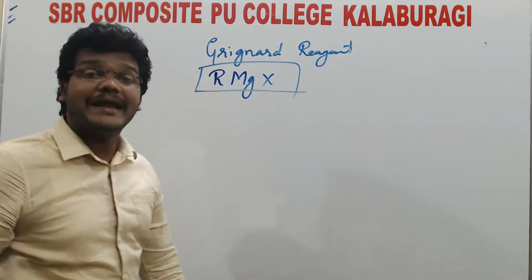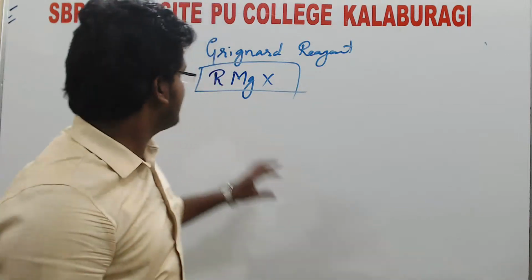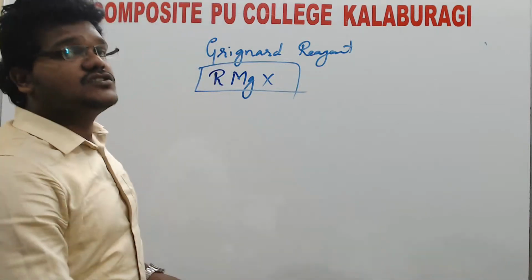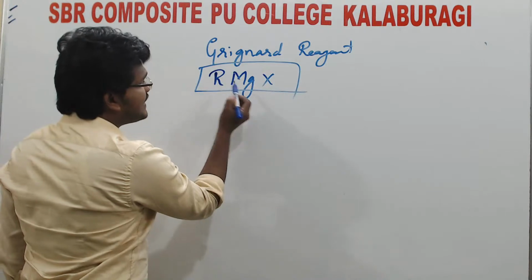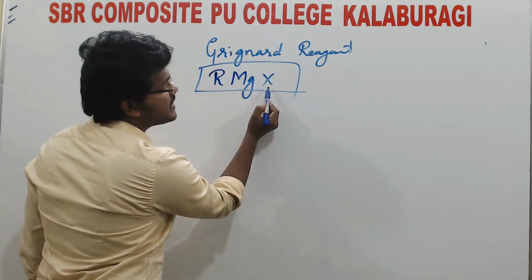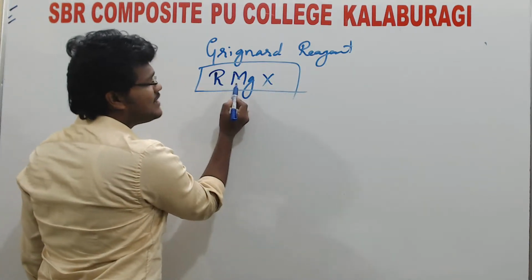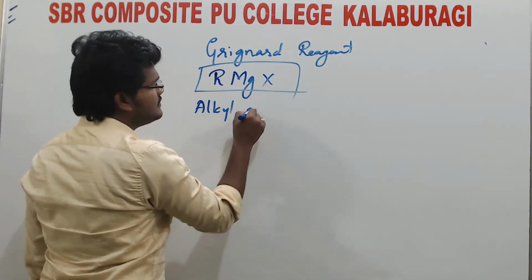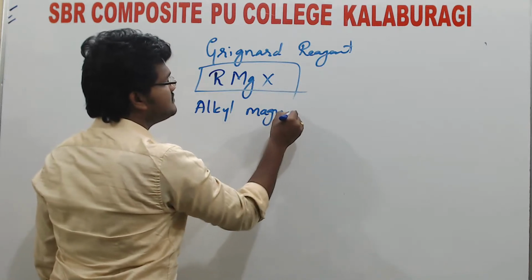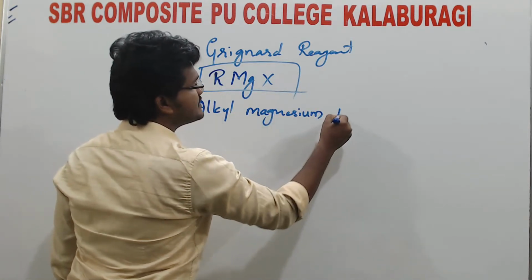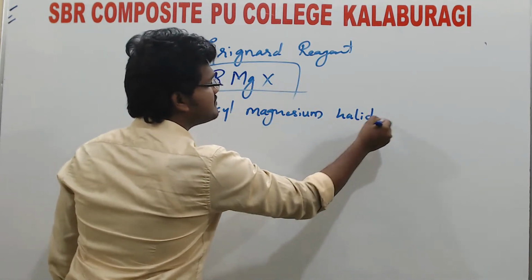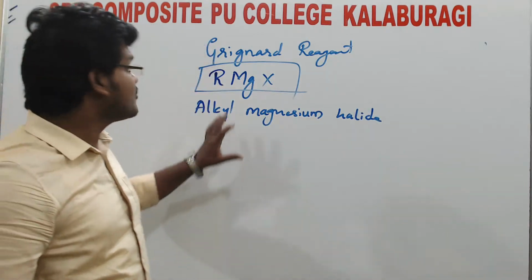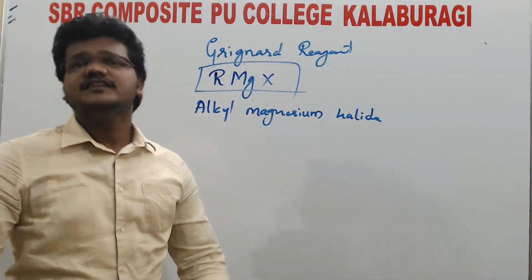In general, it has an alkyl, a magnesium, and a halogen. So alkyl magnesium halide is the general name for Grignard reagent.